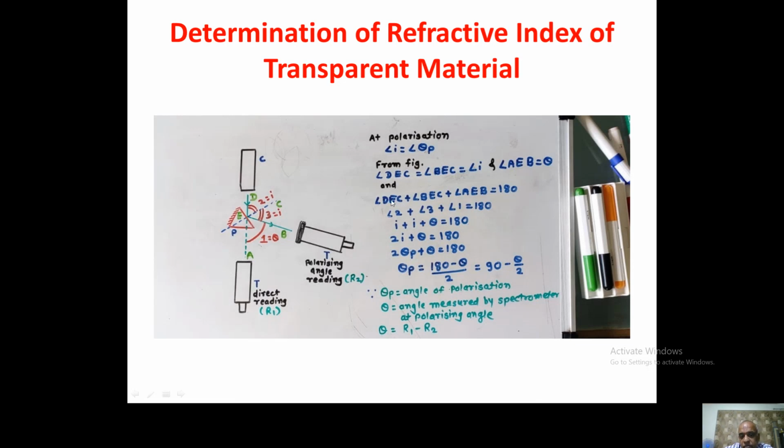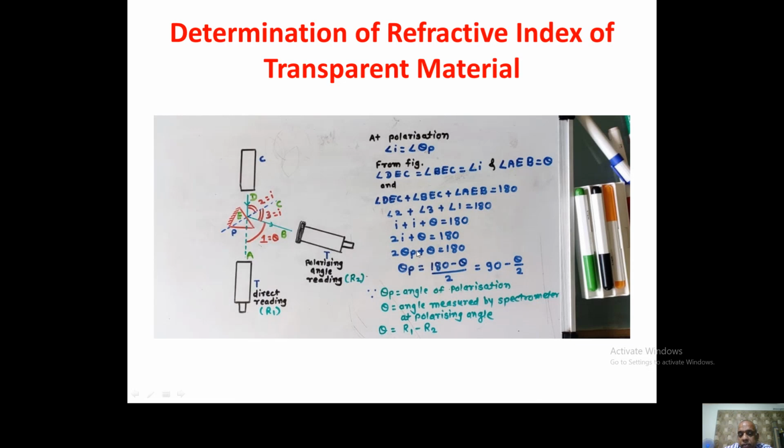And these three angles, if added, are equal to 180 degrees. That means angle 1, angle 2 and angle 3 sum to 180 degrees. Now angle 2 is equal to angle 3 and angle 1 is equal to theta. Therefore i plus i plus theta is equal to 180 degrees, 2i plus theta is equal to 180 degrees. And angle i is equal to theta p.